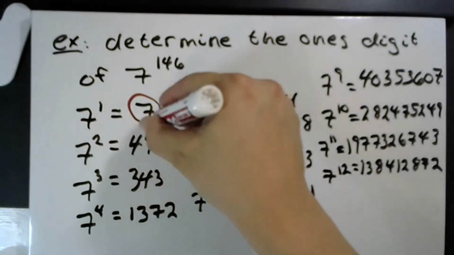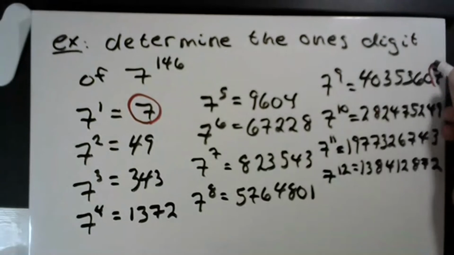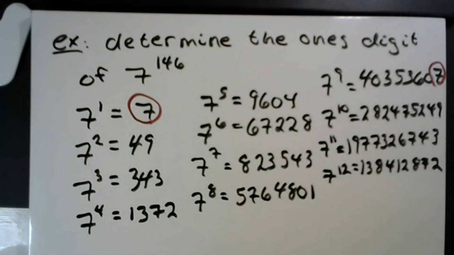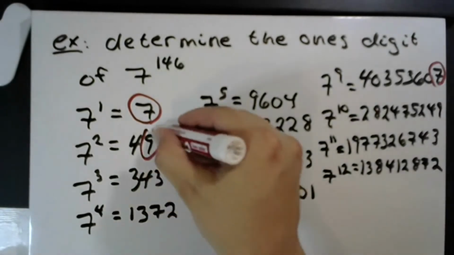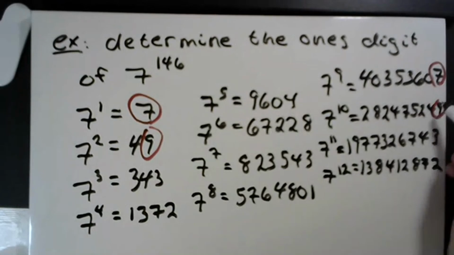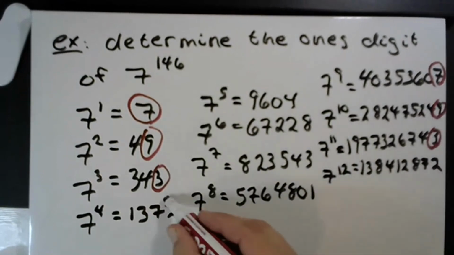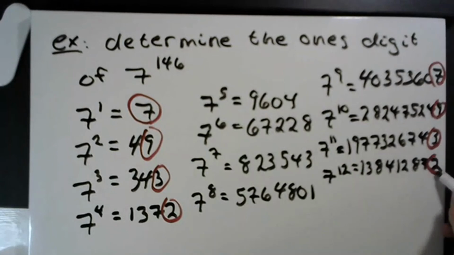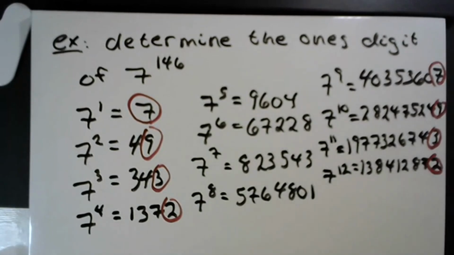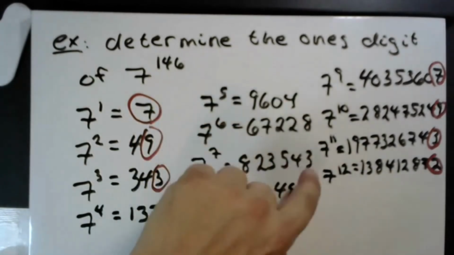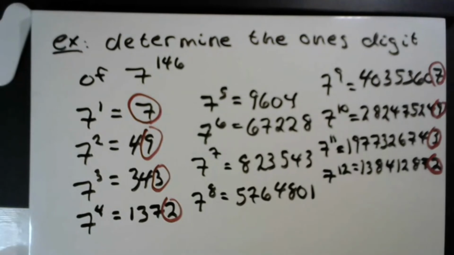There's a 7, there's a 7, 9, 9, 3, 3, 2, 2. And if I could go farther, it'd be 4, 8, 3, 1.